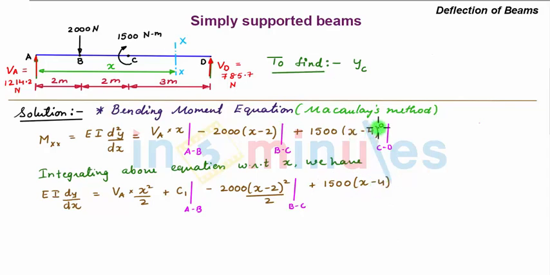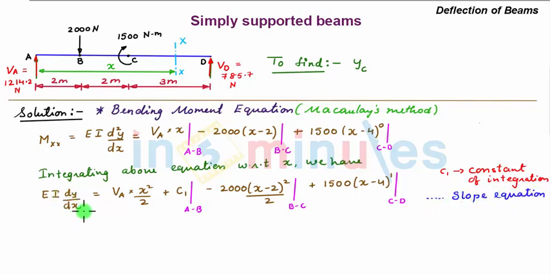Now integration of x minus 4 to the power 0 will be x minus 4 to the power 1. Now this is into the third partition. Here we see that C1 is the constant of integration, and this equation is called as slope equation, since it has a term dy by dx which is nothing but slope theta.